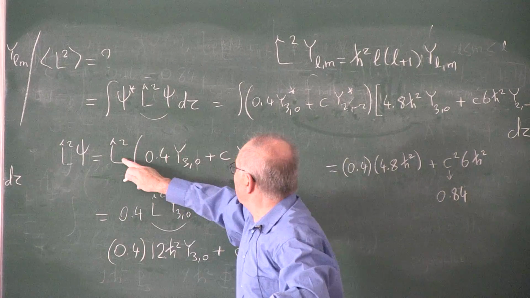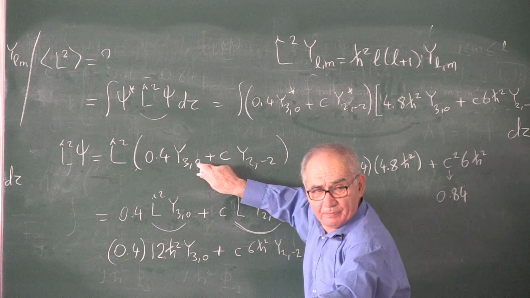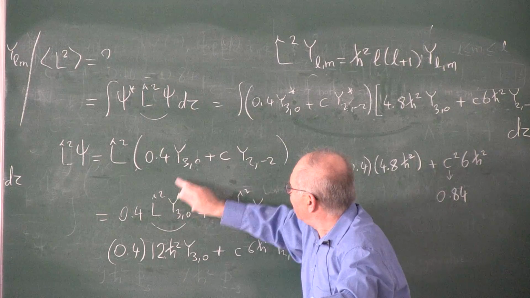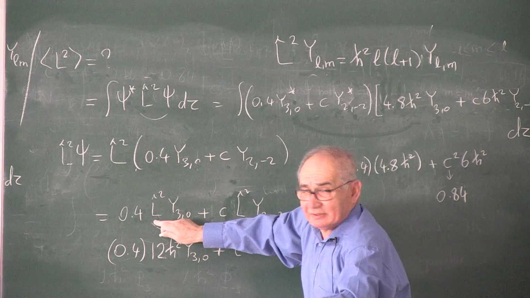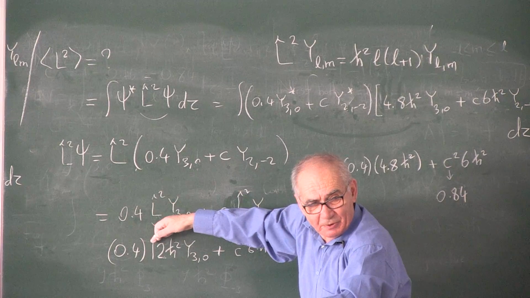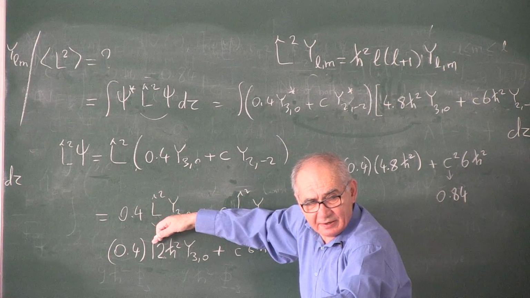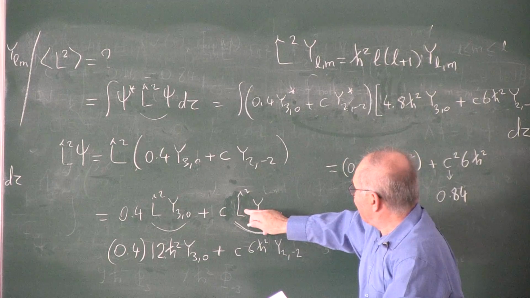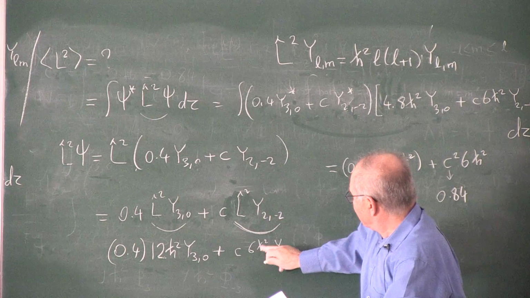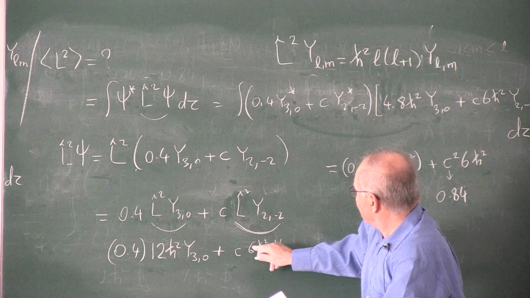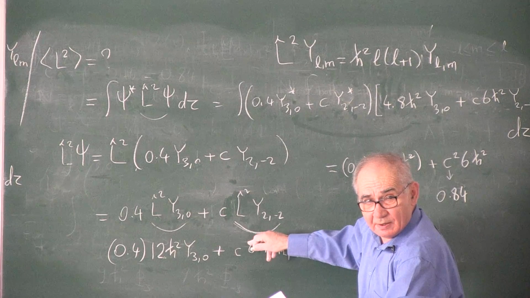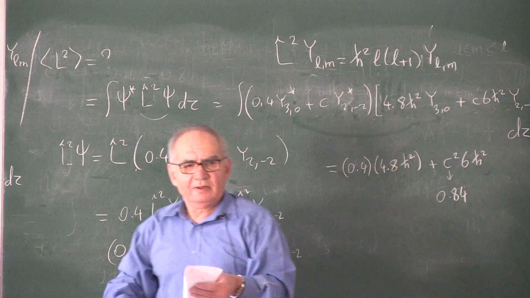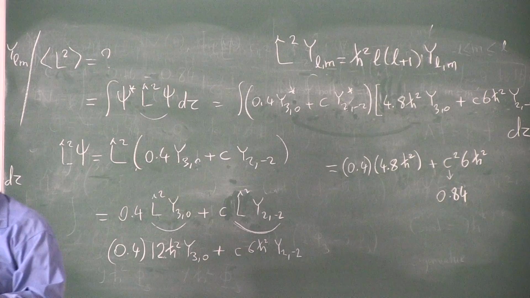So when you put LZ here, m is 0. So if this were LZ, because m is 0, the overall thing would be 0. Is that clear? And in the second term, m is minus 2. When you apply LZ instead of L square, the result would have been minus 2 times h bar. And then the remaining part is exactly the same as in L square. All right, we stop.